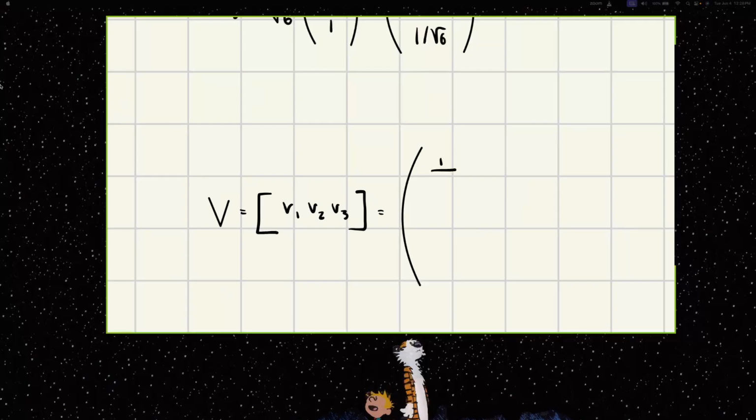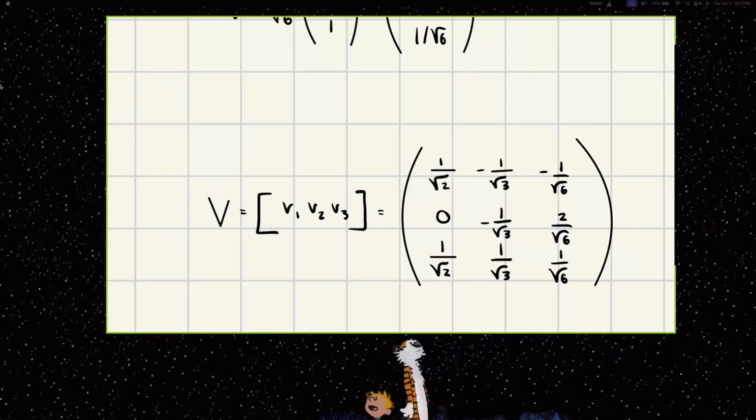So we have 1 over square root of 2, 0, 1 over square root of 2, and then we have negative 1 over square root of 3, negative 1 over square root of 3, and 1 over square root of 3, and then we have negative 1 over square root of 6, 2 over the square root of 6, and then positive 1 over the square root of 6.